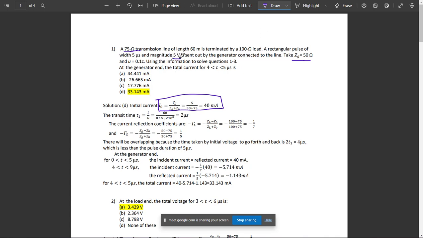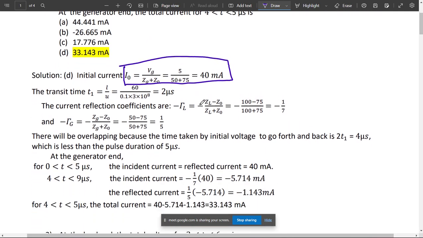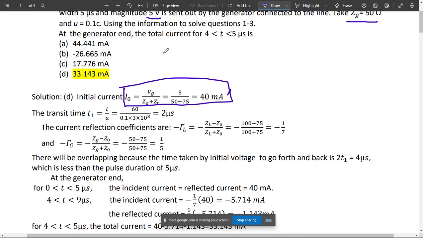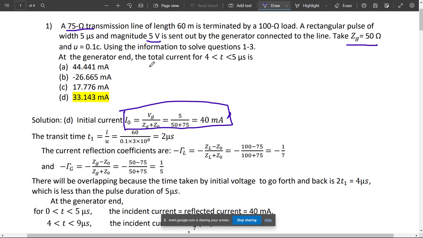So the initial current will be Vg upon Zg plus Z0, which equals 5 upon 50 plus 75, which equals 40 milliamperes. Is there any problem here? Will you be able to find the initial current? So the first thing you need to find out is the initial current.